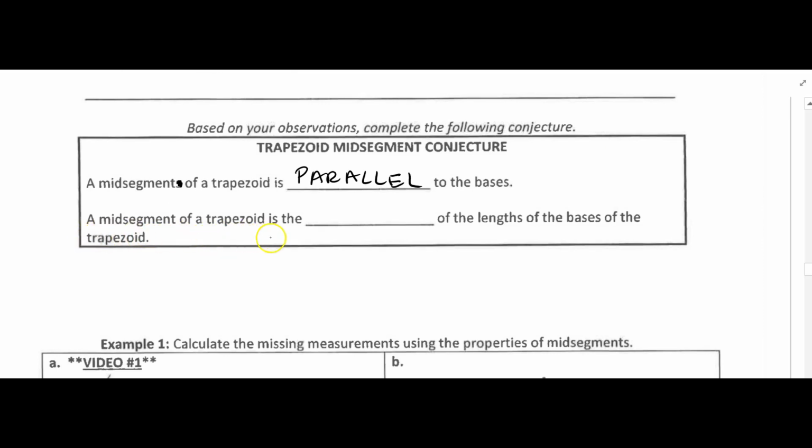The midsegment of a trapezoid is the average of the lengths of the bases of the trapezoid.